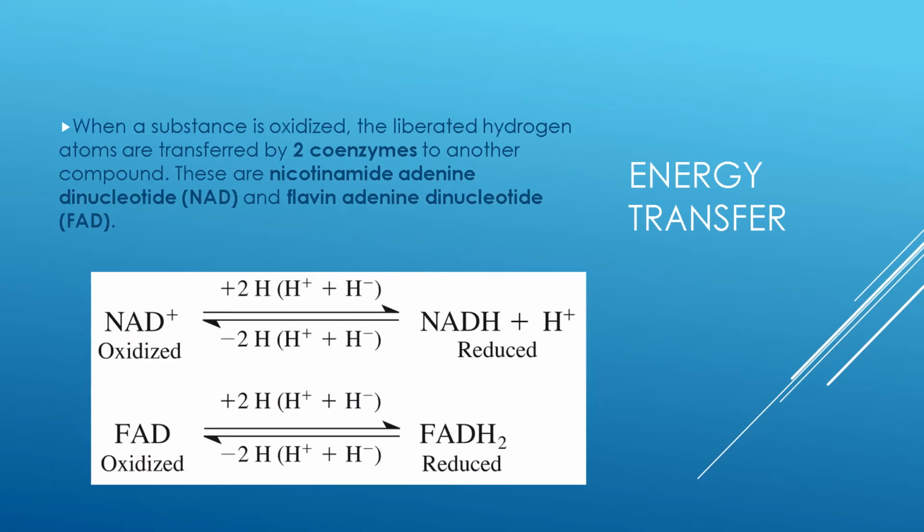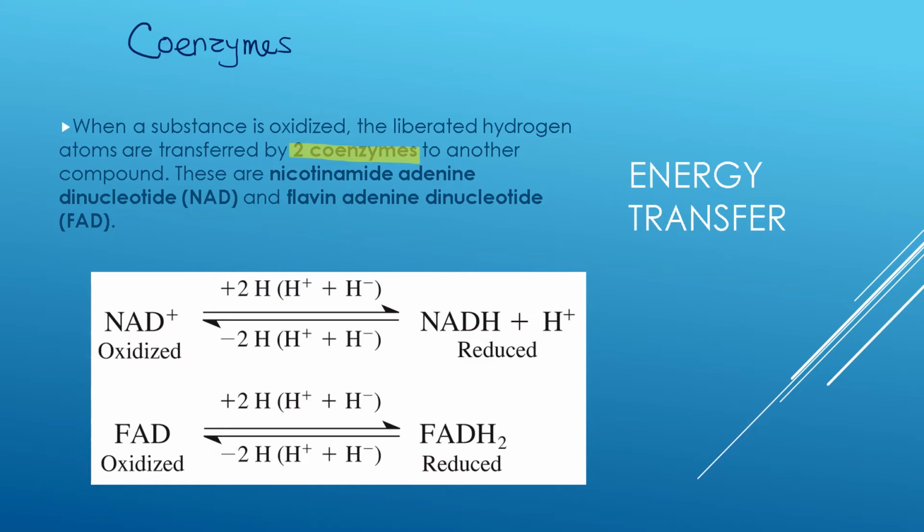Now, when a substance is oxidized, the released hydrogen atoms don't remain free in the cell, but they're going to be immediately transferred by coenzymes to another compound. So coenzymes are going to be kind of our transferring molecules. Now, there are 2 coenzymes that are commonly used by animal cells to carry hydrogen atoms.